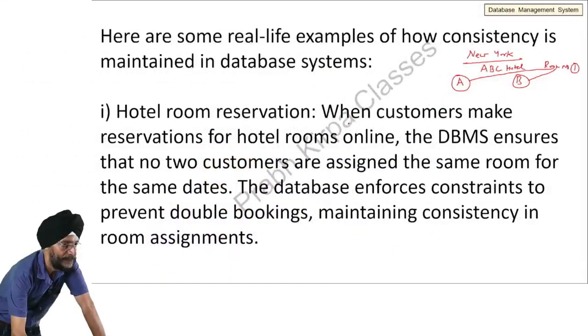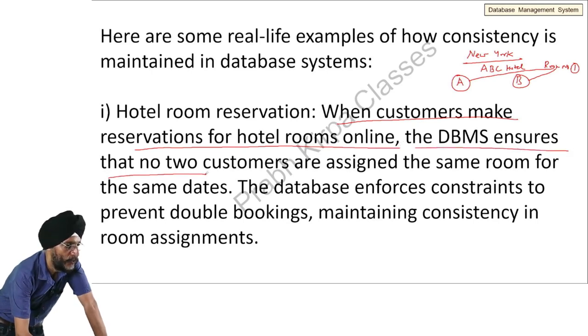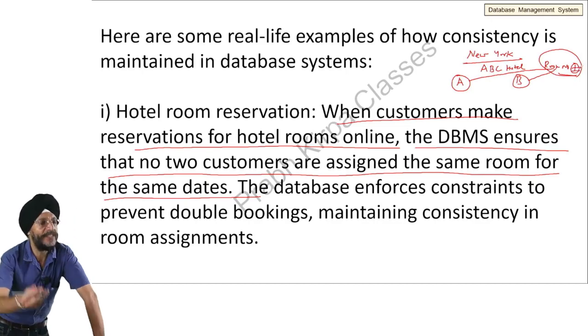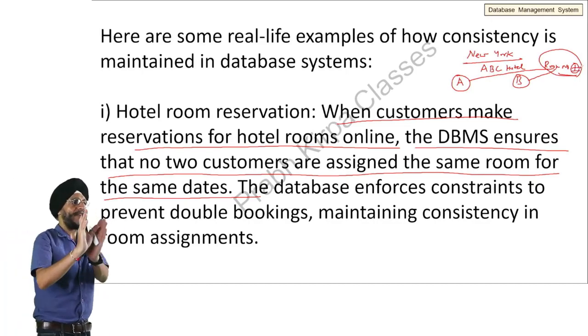Hotel room reservation. When customers make reservations for hotel rooms online, the DBMS ensures that no two customers are assigned the same room for the same dates. That is, both customers want to book a room for the same date. Irrespective, we can say that room number 1 is not selected.